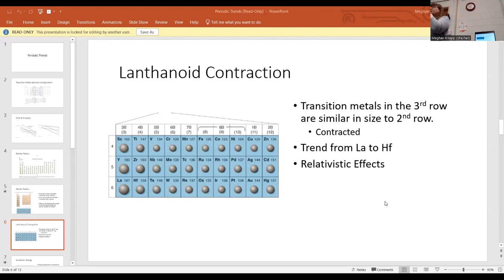Well, in that third row, that is row 6 on the periodic table. But what n value do we have for d? Do we have a 6 there? We have a 5. And the f that comes before that is actually a 4. So the extent of the orbitals that we're looking at is not very far.